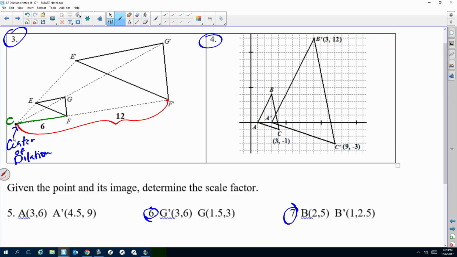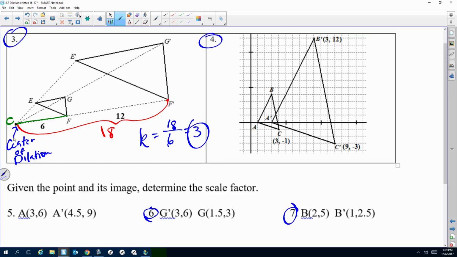It's 18. So your scale factor is 18 over 6, which is 3. It was an enlargement by a factor of 3. The distance from the center of dilation has to remain proportional.